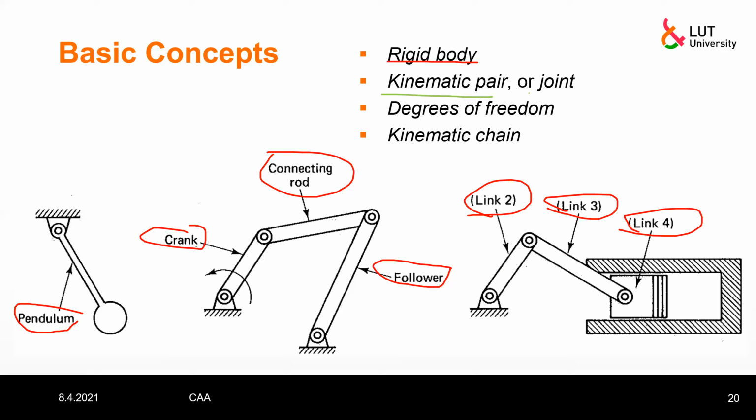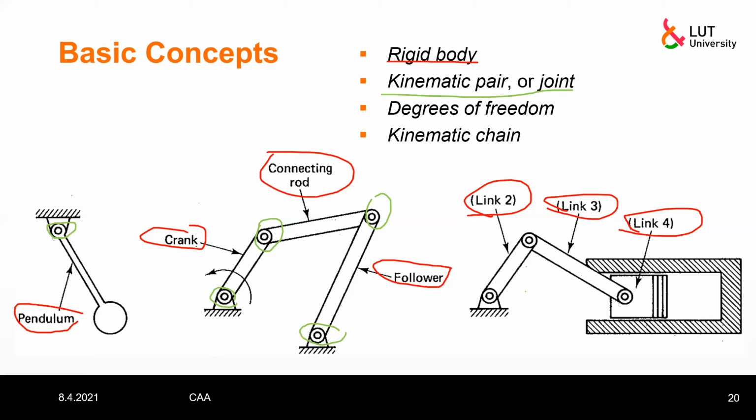Kinematic pairs or joints. For the pendulum, we have 1 joint. It's here. For this 4-bar mechanism, we have 4 joints, all those dots here. As you can see, they restrict the motion between 2 bodies, or a body and the ground.